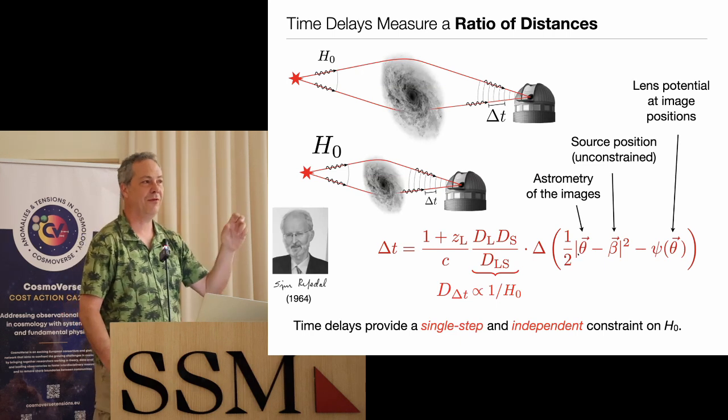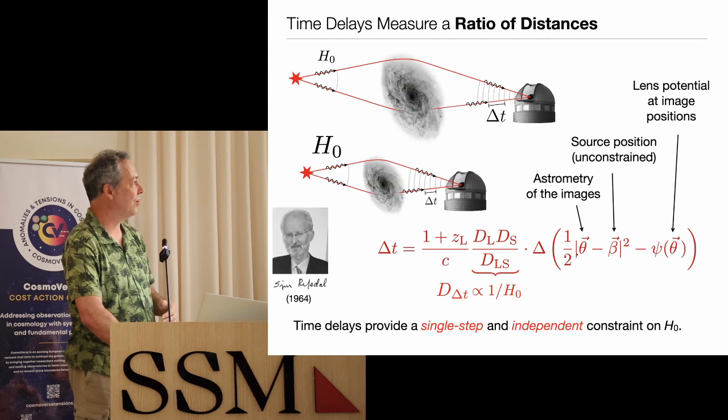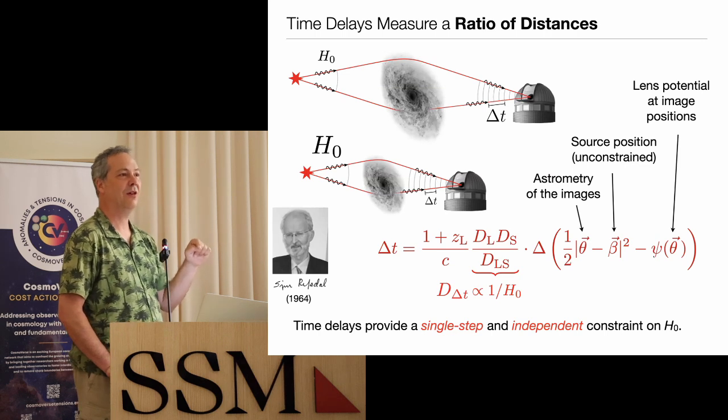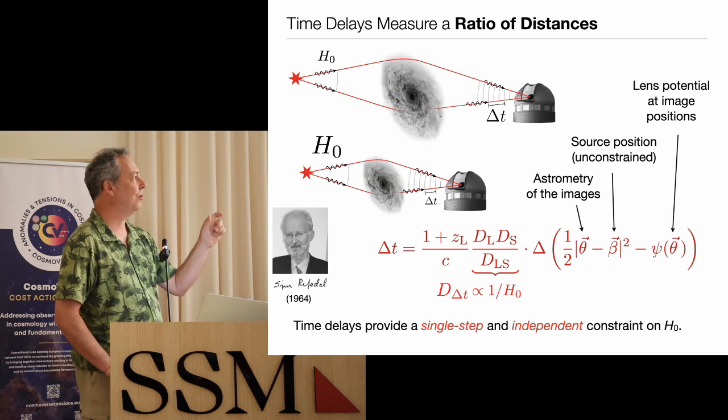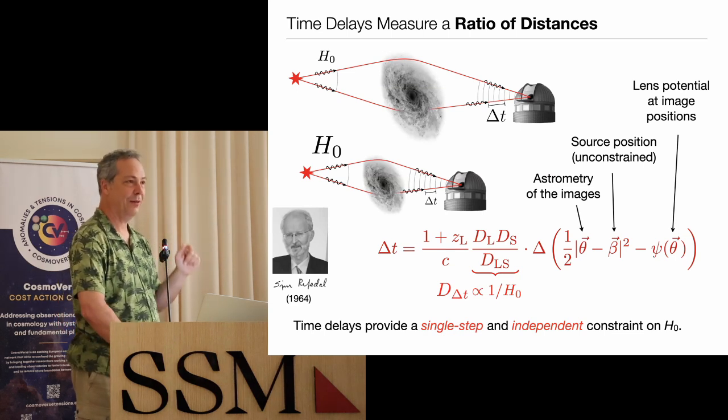So every pixel of your, let's say, HST or James Webb image of your lens is measured by this. And it depends on the potential of the lens at the position of the lensed images. So the quantity you're after to turn the delays into H0 is the potential at the position of the quasar images, not necessarily the potential everywhere.